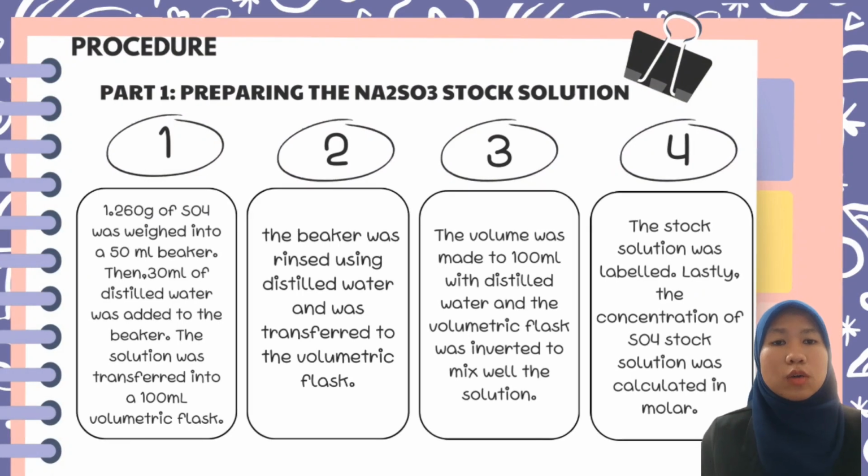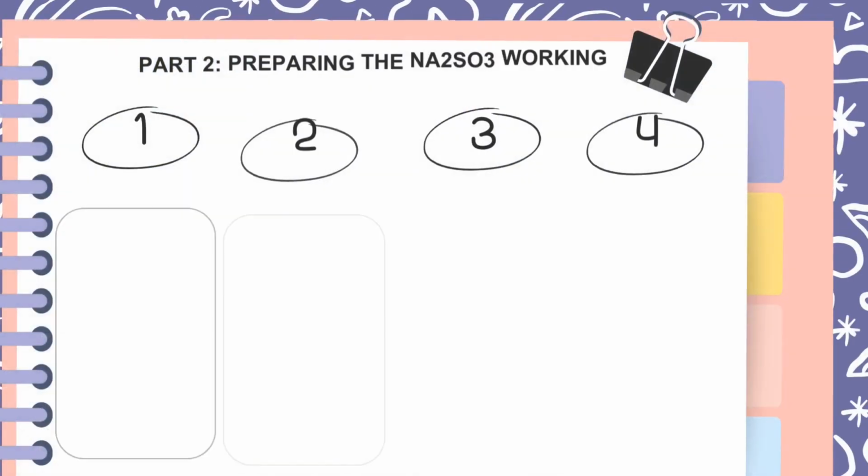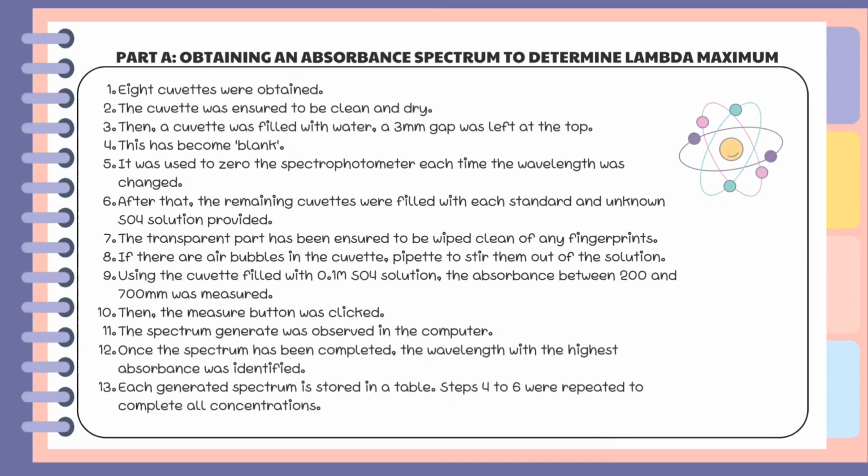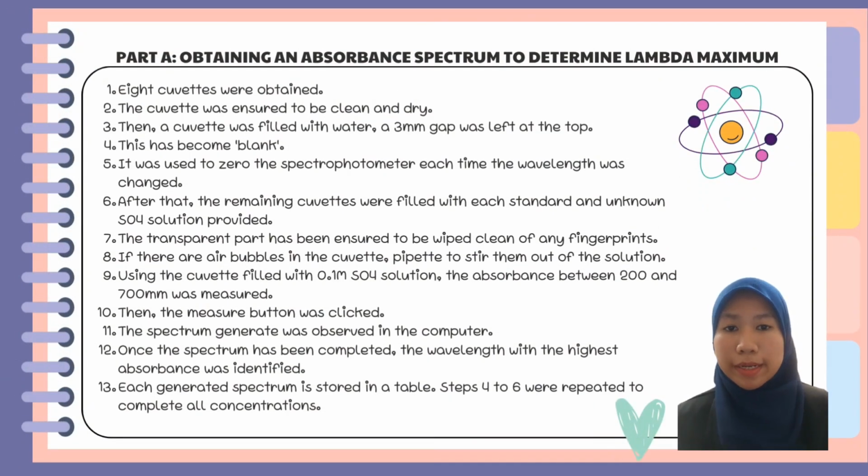So this is our procedure for part 1, which is preparing the Na2SO3 stock solutions. And then for part 2, preparing the Na2SO3 working solutions. Next we go to part A, which is obtaining an absorbance spectrum to determine lambda maximum.